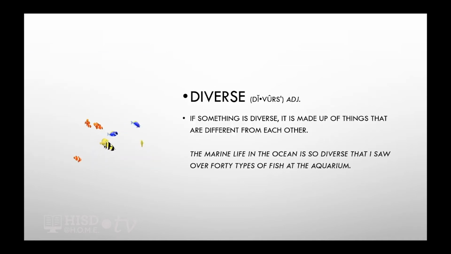The next word is diverse. Can you say diverse? Yes, diverse. If something is diverse, it is made up of things that are different from each other. The marine life in the ocean is so diverse that I saw over 40 types of fish at the aquarium.